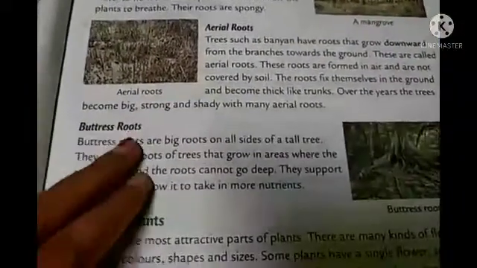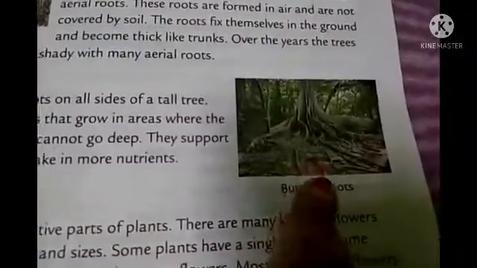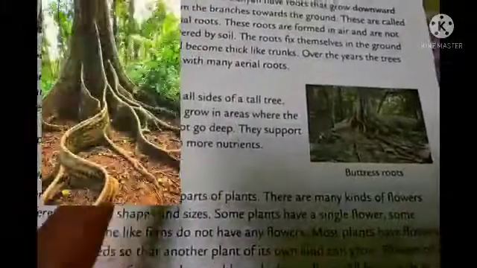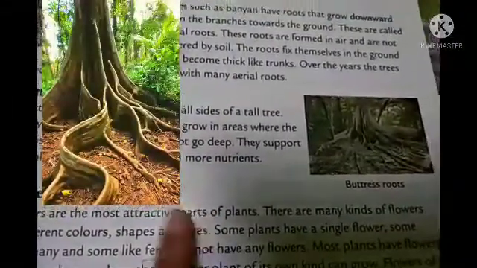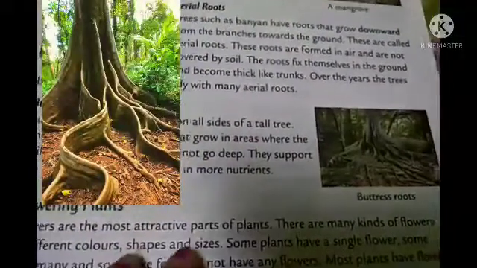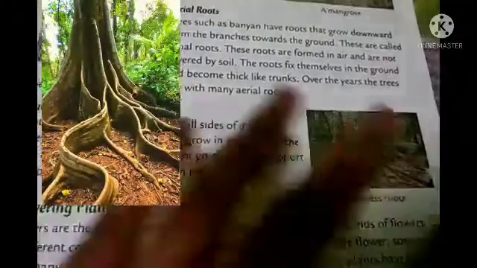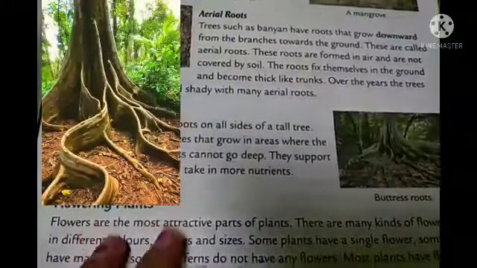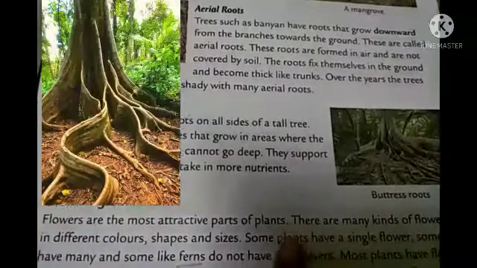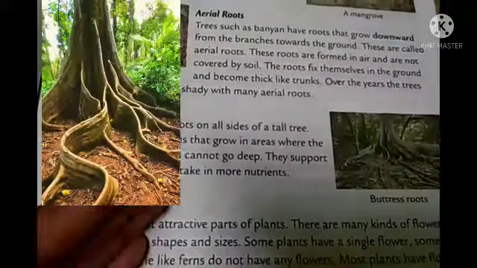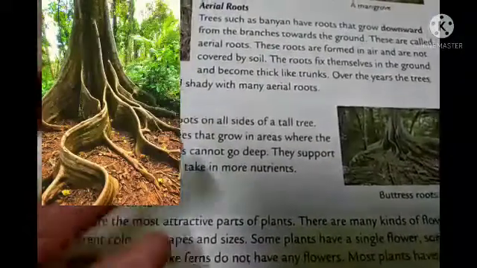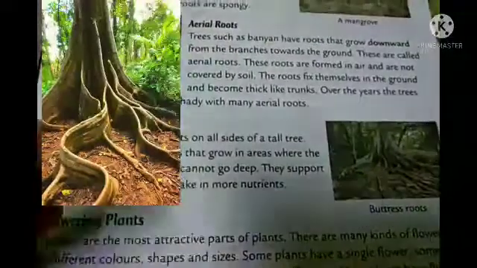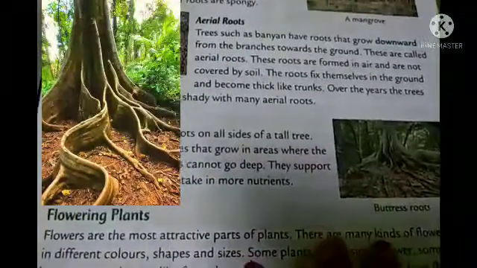Now, buttress roots. You can see this picture. It's a very good picture to understand, and I will attach another one also. Buttress roots are generally big roots on all sides of a tall tree, spread in all directions. These are roots of trees that grow in areas where the soil is poor, meaning the soil condition is not good or the required amount of soil is not properly present.